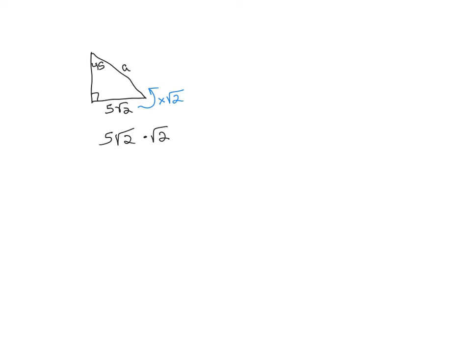I'm allowed to multiply those square root of 2's together because they're both under the square root. And the square root of 4 is 2, so the length is 10 for A. Excuse me. Okay, so I guess technically there's 4 different kinds of problems.